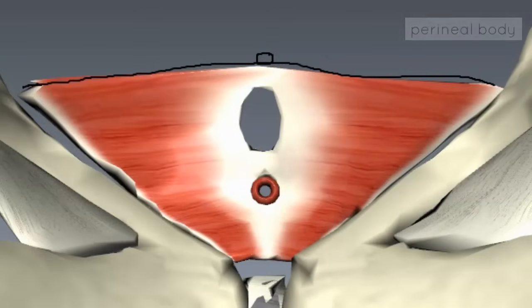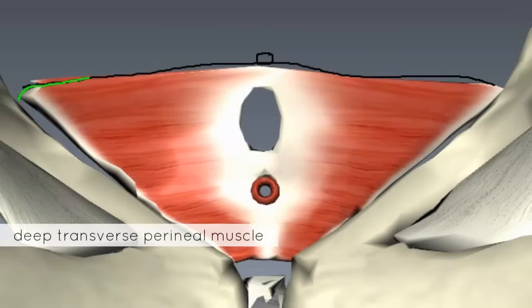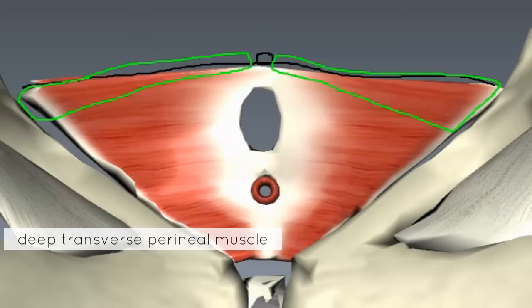The first muscle that we have is this deep transverse perineal muscle. It attaches laterally on the ischiopubic ramus, and it inserts onto this perineal body in the midline. So that's the deep transverse perineal muscle.